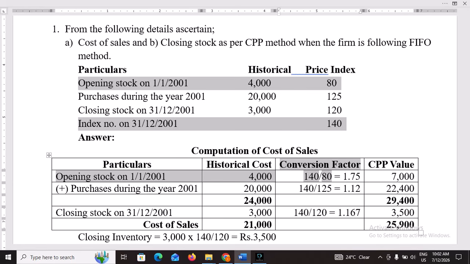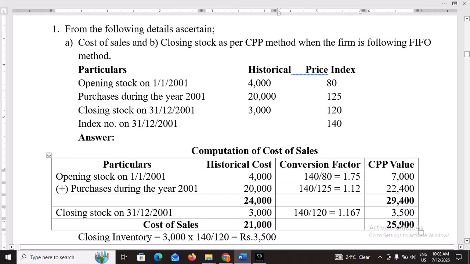So 140 divided by 80 is 1.75. After this, 4,000 into 1.75 is 7,000. Correct?